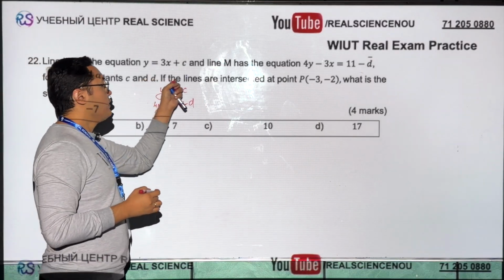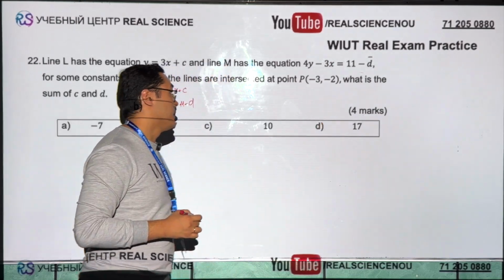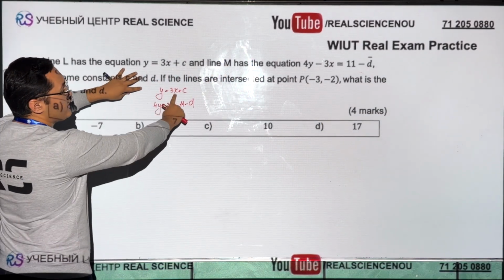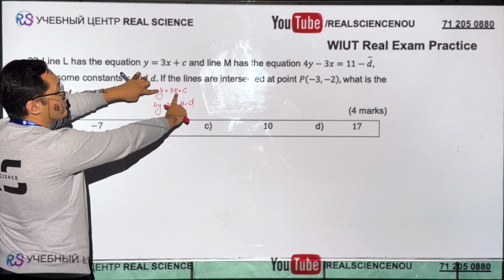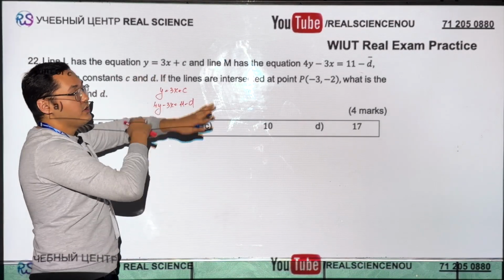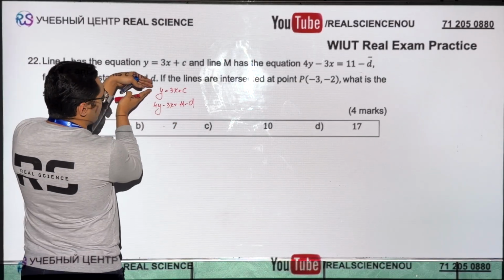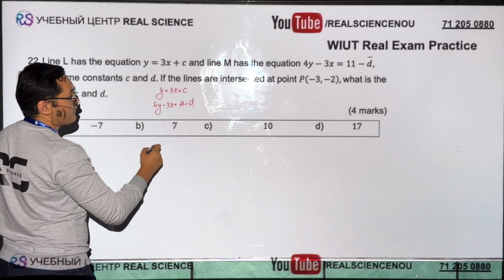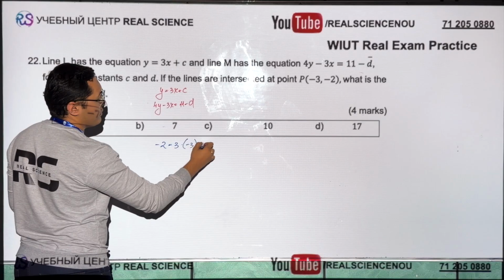It says the lines intersect at point P, minus 3 and minus 2. What we can do here is, instead of x, insert minus 3, and instead of y, insert minus 2, because the point of intersection is the point which satisfies both the first and the second equation. So minus 2 is equal to 3 times minus 3 plus c.